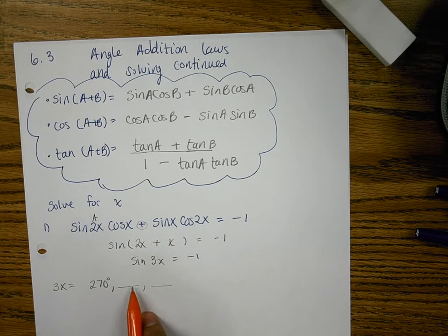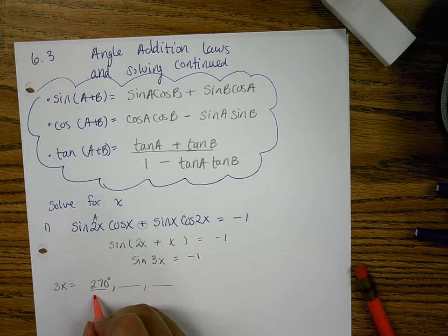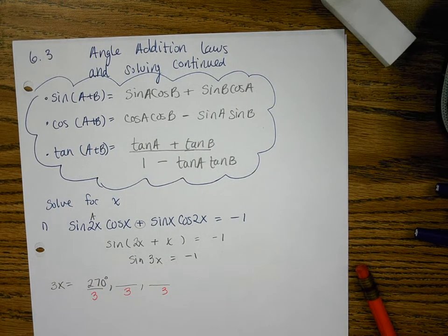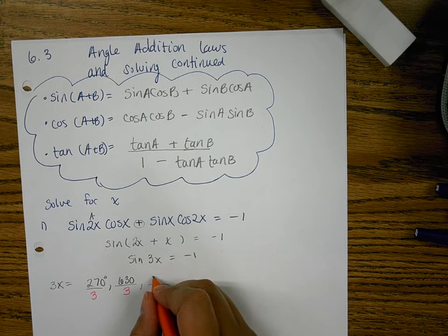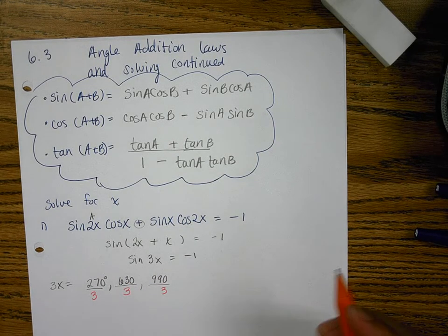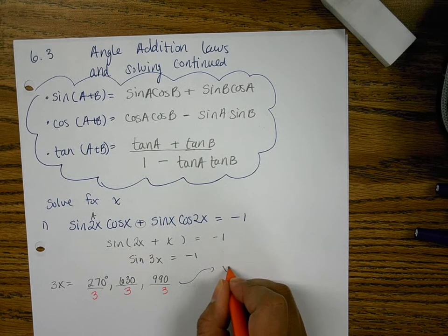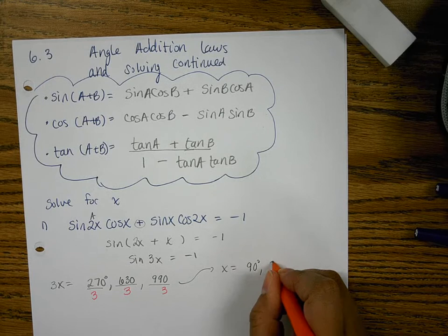And since there's only one, I'm going to have a total of 3 sets, giving me only 3 answers, not 6, because my first is only 1. So 270 plus 360, this number plus 360, and then all of those divided by 3, including the first one. All right, so 270 plus 360 is 630. 630 plus 360 is 990.